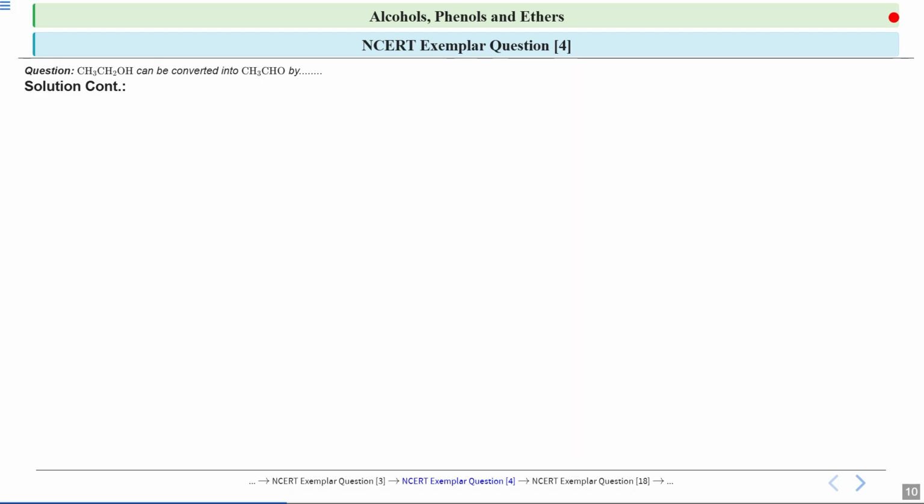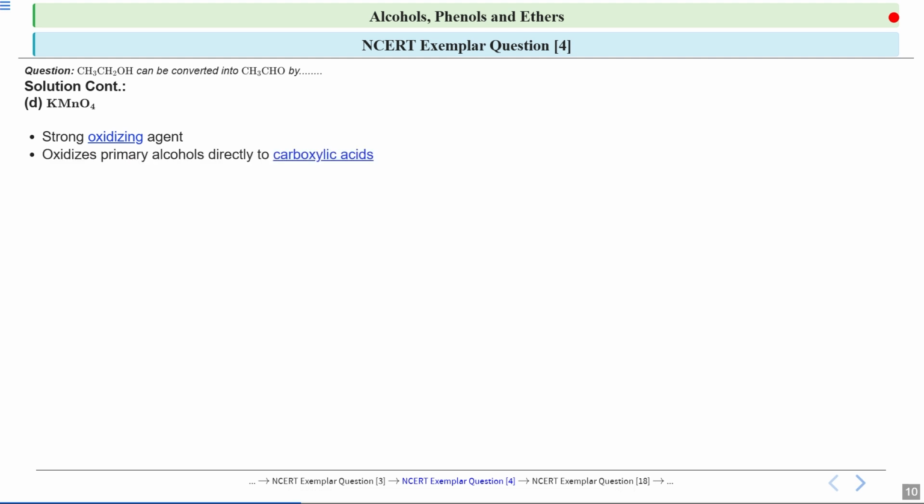Let us see the fourth option, which is KMnO4, potassium permanganate. KMnO4 is also an oxidizing agent. But why is this not the correct option? Because this is a strong oxidizing agent. It will oxidize your alcohols directly to carboxylic acid.